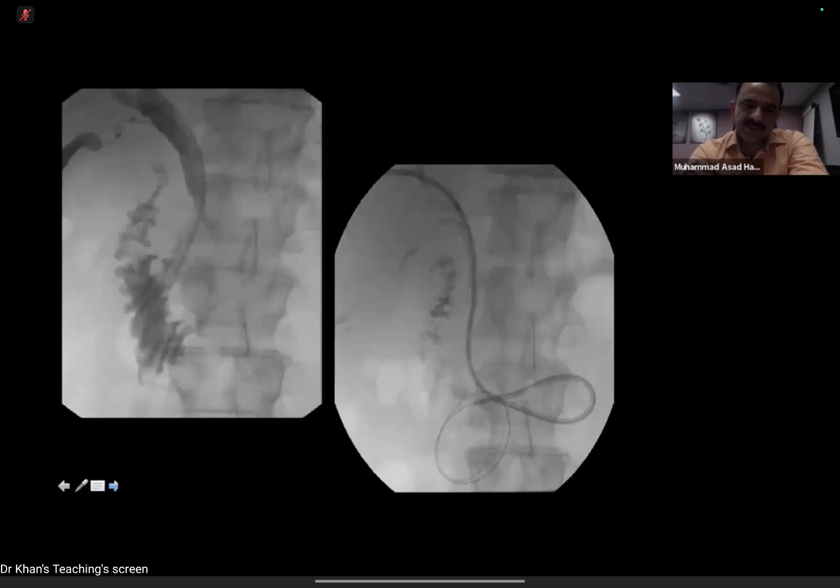It is usually connected to a bag outside, but once you have got across the obstruction into the bowel, these holes allow the bile to drain into the bowel as well. On the other hand, if it is really tight or obstructed, then it can drain out into the bag as well. That's how it allows the dual drainage. That's the only difference. If you cannot get across the area of obstruction into the bowel, then normally the usual pigtail catheter is used. Okay?